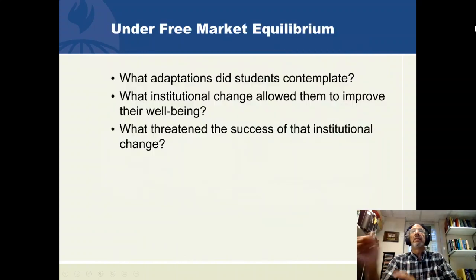And they adapted. They changed their holdings. The institutional change that allowed them to improve their well-being was that we allowed them to express their own preferences freely and to keep doing that until there was nothing that they would voluntarily want to do.